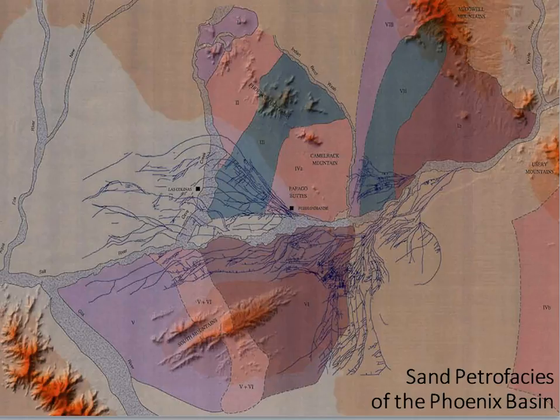The Phoenix Basin is interesting because the mountains that surround it all have different geologic histories with different rocks composed of different minerals. And so as the rocks break down and erode to create these soils that surround these mountains, these soils and the sands within them have different mineral characteristics.